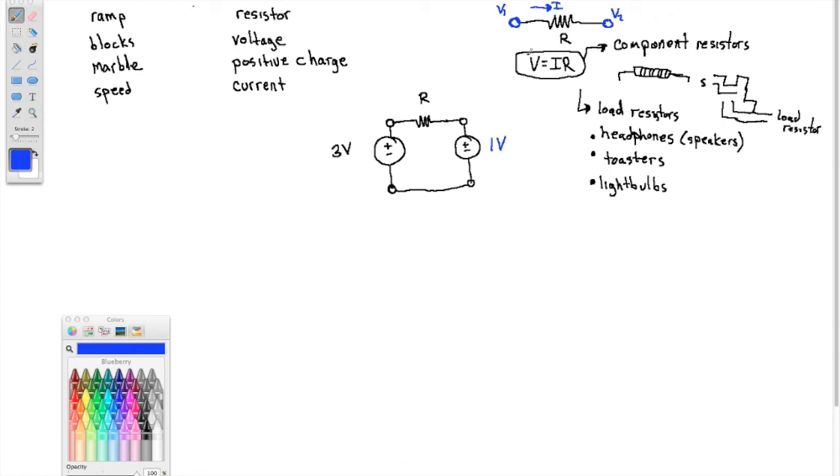So in this equation, the difference is 2. So in Ohm's law, we would put 2 volts in for V. Now back to our analogy. Here's my ramp. Here, I guess that's the blocks. Here's the ramp. Here's the blocks on the other end. The marble goes down.